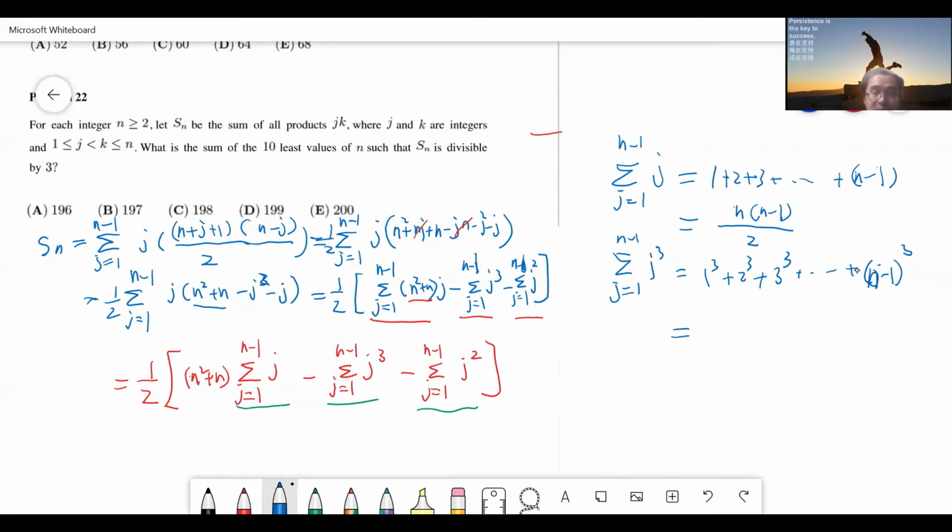So this is actually equal to, if you learned the sum of cubes, half of n times n minus 1, then everything squared.